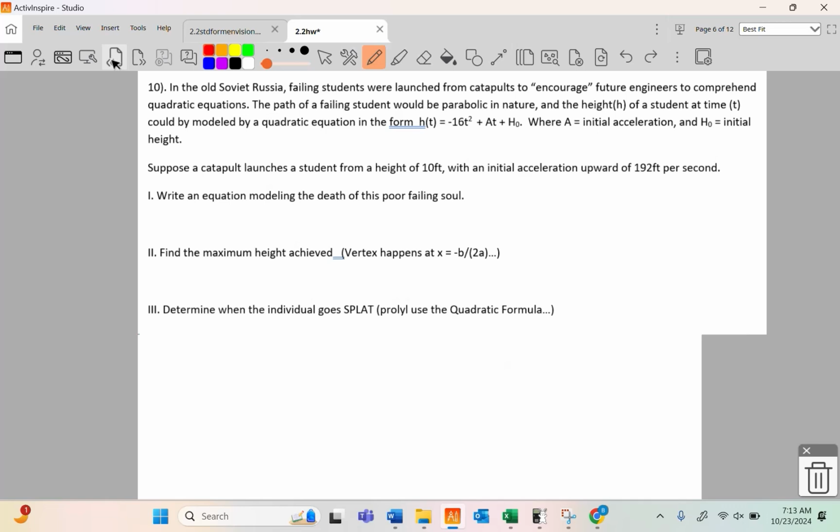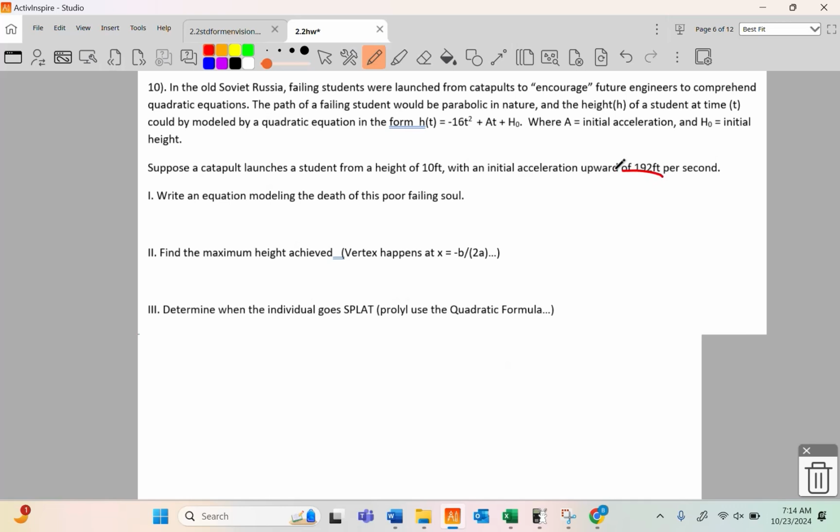The path of a failing student would be parabolic in nature, and the height of a student at time t could be modeled by the quadratic equation in the form height as a function of time is negative 16t squared plus v subscript 0 of t, plus h subscript 0. An equation modeling the death of this poor failing soul.